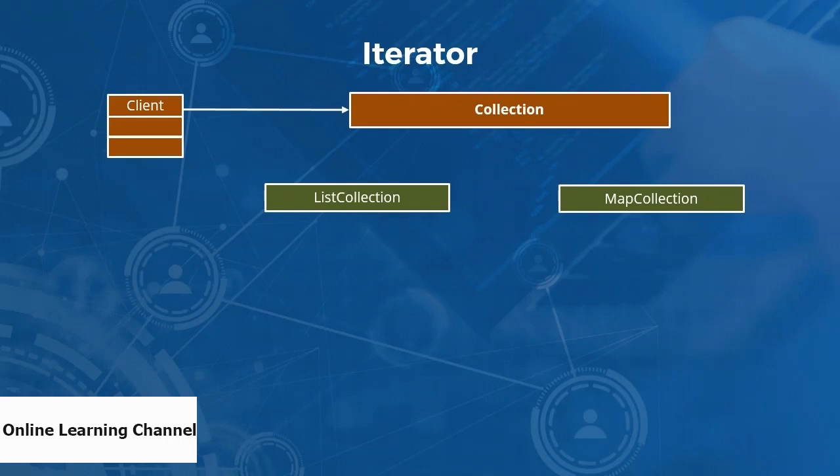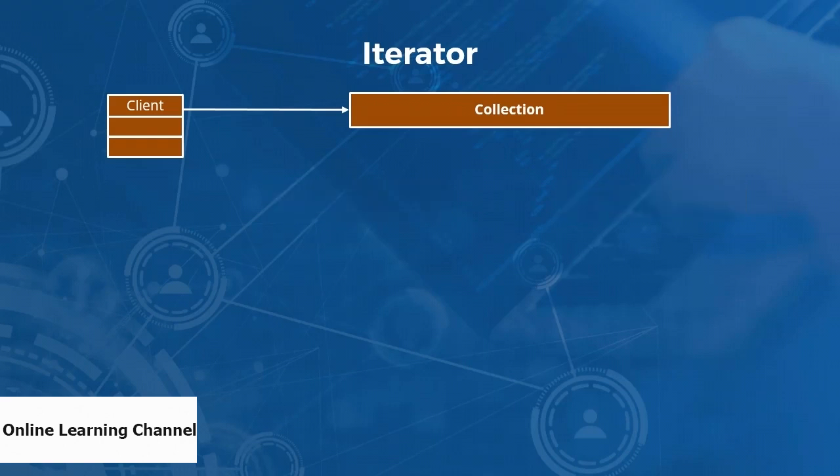The client should be completely abstracted from the implementation details of the collection. The client should be able to iterate over the collection even though it doesn't know what the collection is about. So, what you need is some kind of traversal abstraction, some abstraction that allows you to traverse over the elements in a list, a map, a set, a tuple.